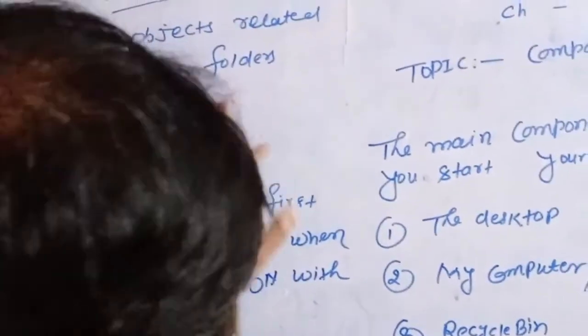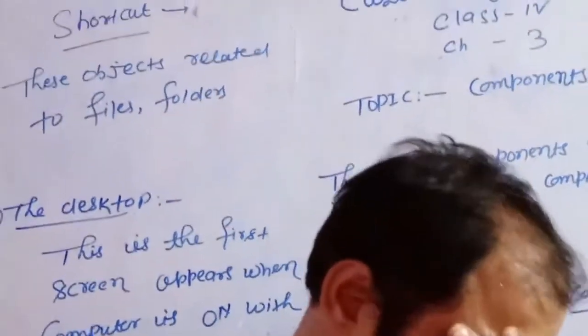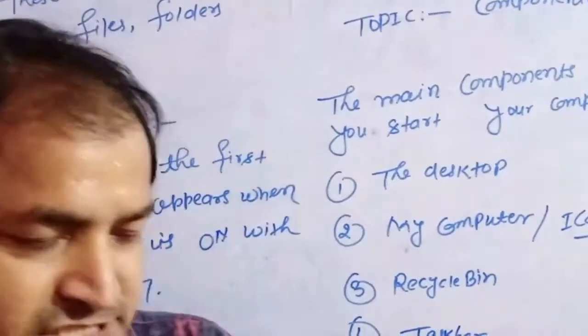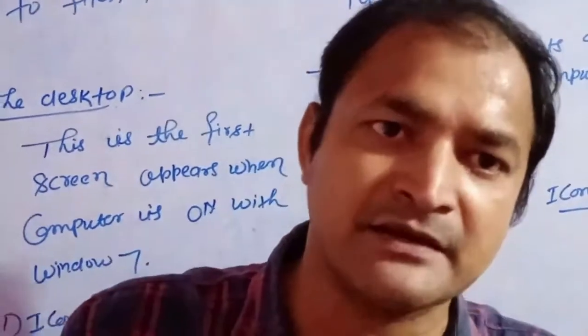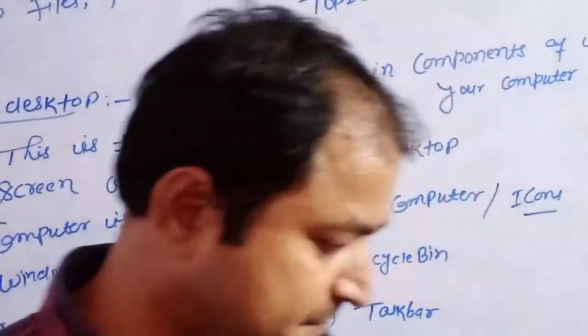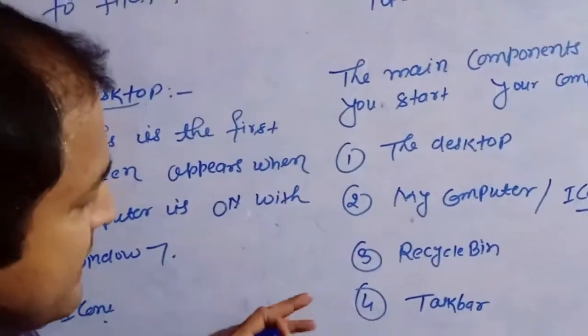This object related to files, folders, or programs is placed in some other place. This is the shortcut. These are represented by the icon.